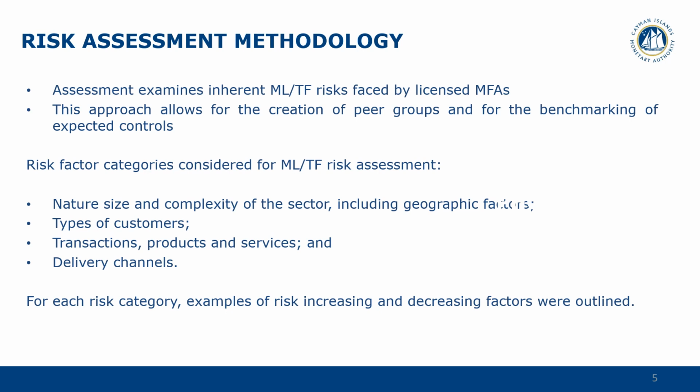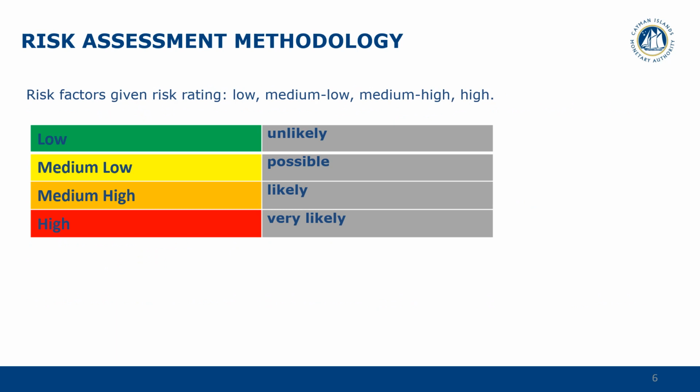It really just focuses on the inherent risk factors, which include the nature, size and complexity of the sector, types of customers, transactions, products and services and delivery channels, and geographic factors which actually underpin all four of those elements. And for each risk category, there were examples of risk increasing and decreasing factors. And the risk factors were expressed on a sliding scale from low through medium low, medium high to high.